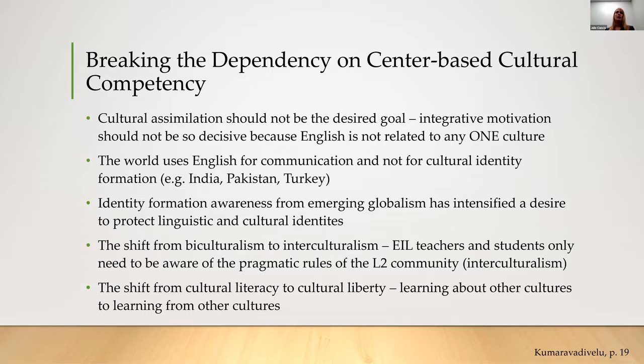So the world uses English for communication, not for cultural identity. We're using it as a tool so that the world can be a smaller place so that people can communicate with each other. You do assume part of the identity when you take on another language, but that's not the priority. The priority is English for communication.